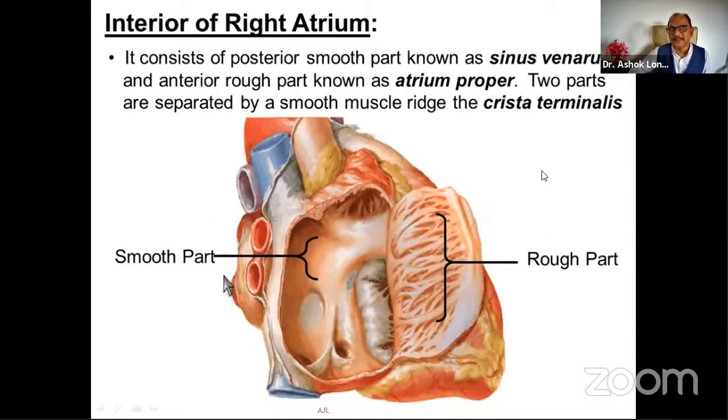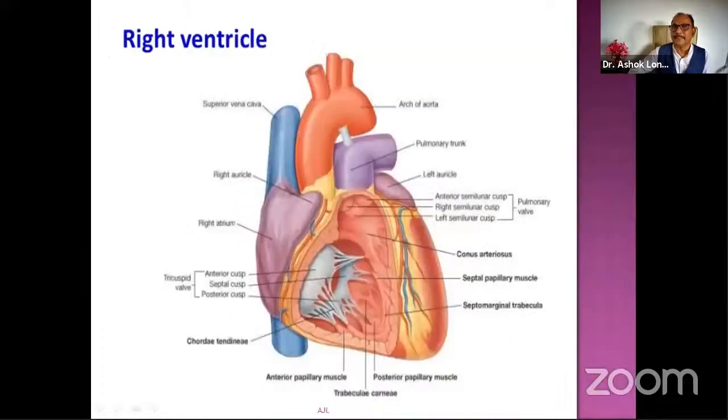The rough part is helpful to reduce the pressure of the blood, or the stroke of the blood, when it enters the right atrium. Then it is the right ventricle.